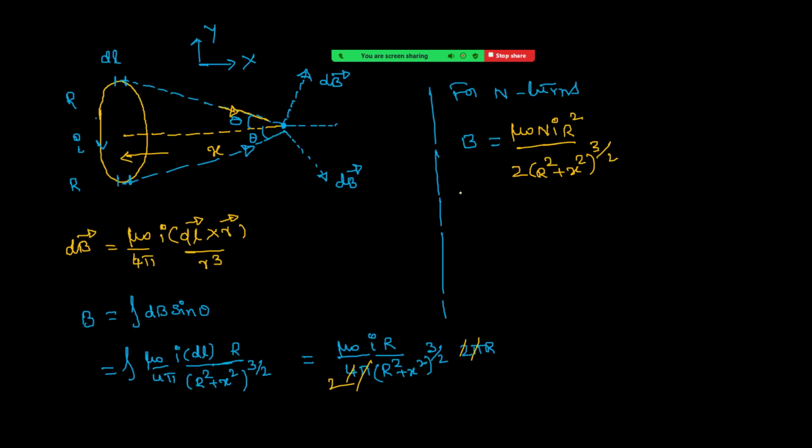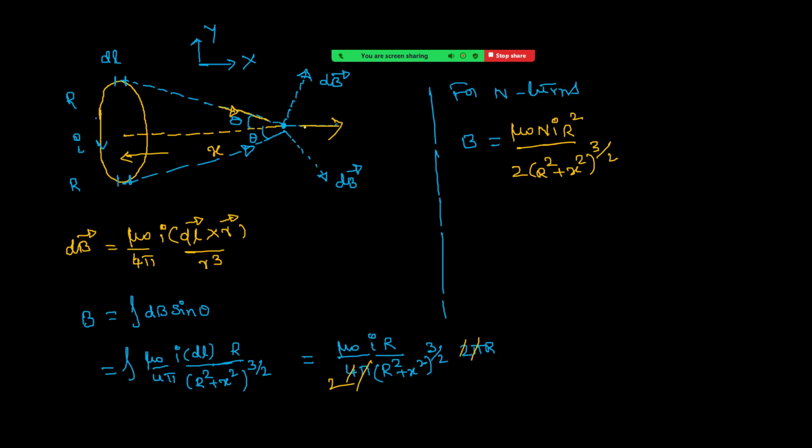Or you can do one thing. In this, you can see its component is along the x-axis. Or what I'm saying is, take your right hand, curl fingers along this current, then our thumb will be towards our right side.